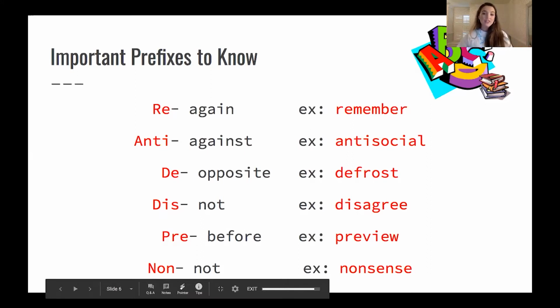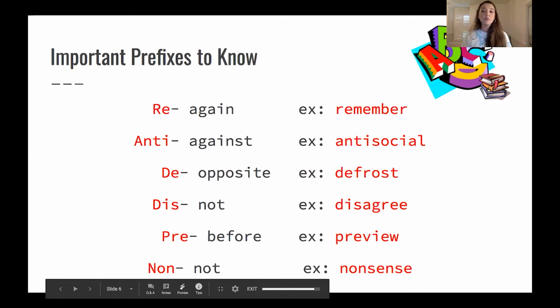Okay, so we went through re, anti, de. Now let's look at dis. D-I-S, dis. Dis means not. So one example of that is disagree. You do not agree. You disagree.